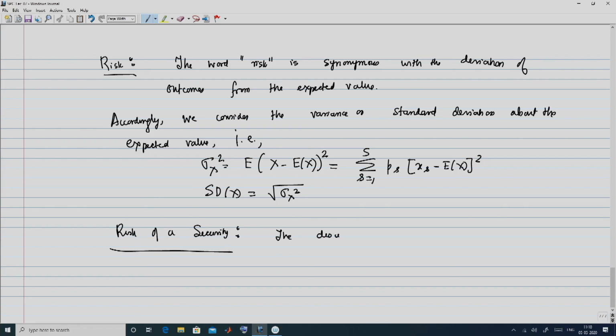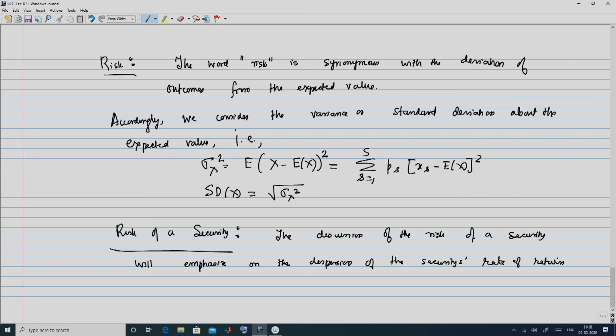So, the discussion of the risk of a security will emphasize the dispersion of the security's rate of return about its expected value.